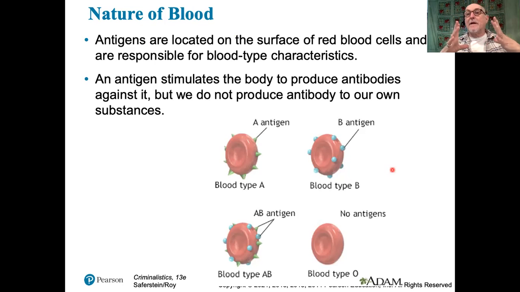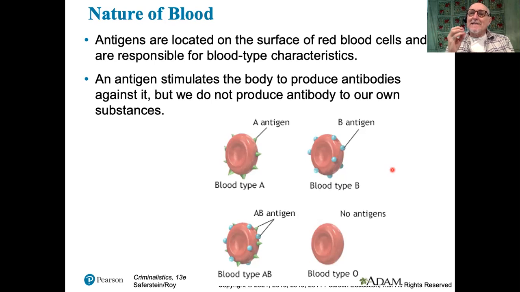And embedded in the membrane are many, many proteins and other substances, glycoproteins, all sorts of things. And there's one particular group of these molecules which are of particular significance. And these are the antigens which confer character on the blood corpuscles.